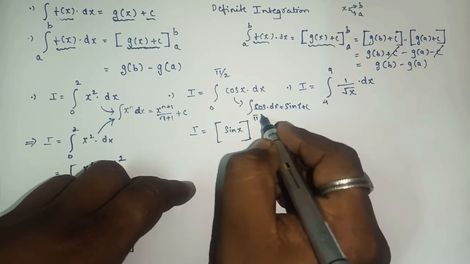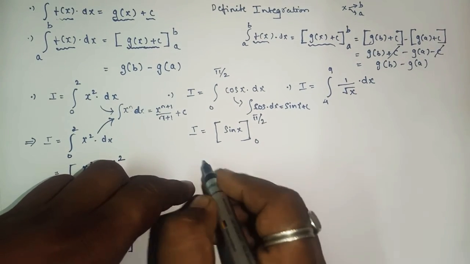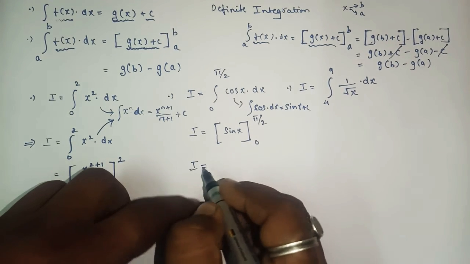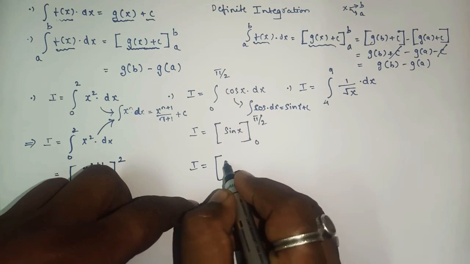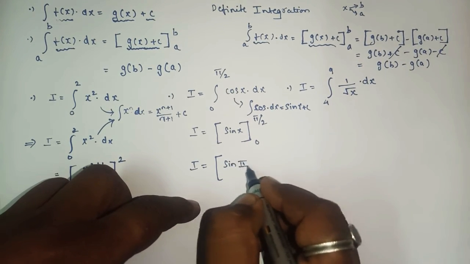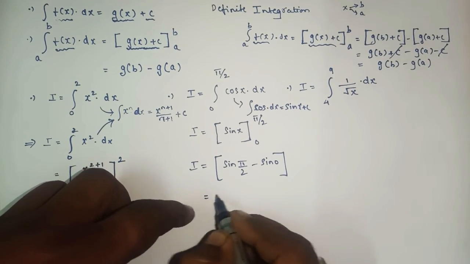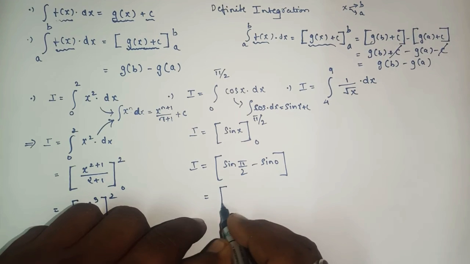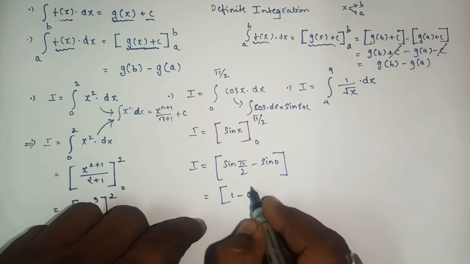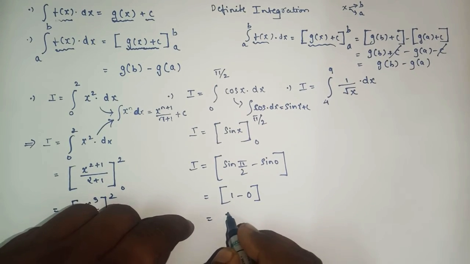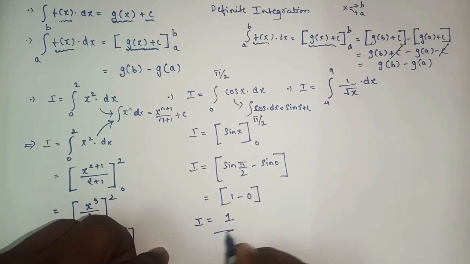Here we'll write the upper limit, lower limit. I equals, first you have to replace the value of x by pi by 2, then by 0. So sin pi by 2 means what? Sin 90 is 1. Sin 0 is 0. So 1 minus 0 is 1. So here we got the answer.